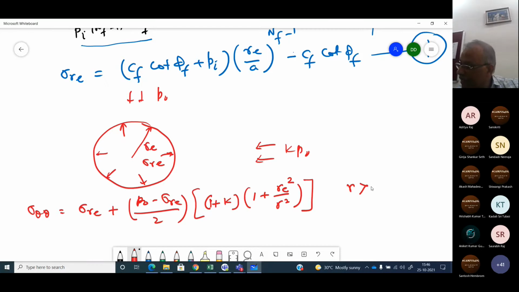Here r greater than or equal to RE also you can put, isn't it? Everybody understood this equation from Kirsch's solution I have written? If anybody didn't understand, please raise your hand.